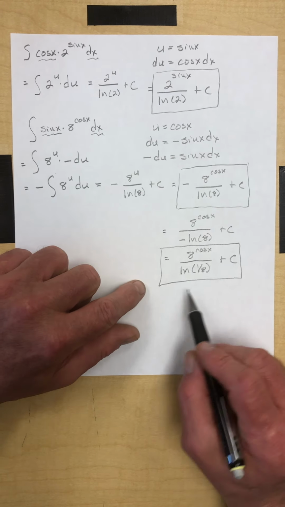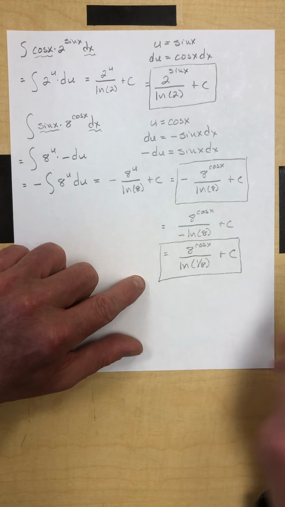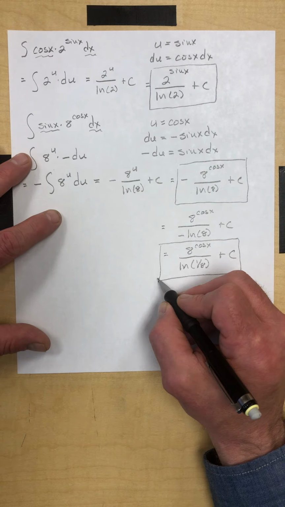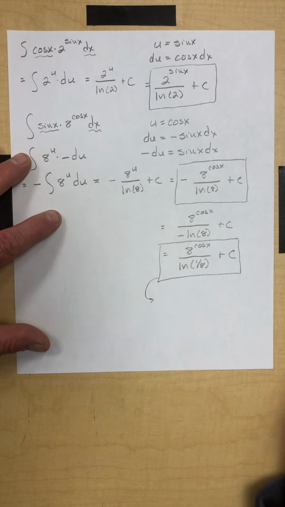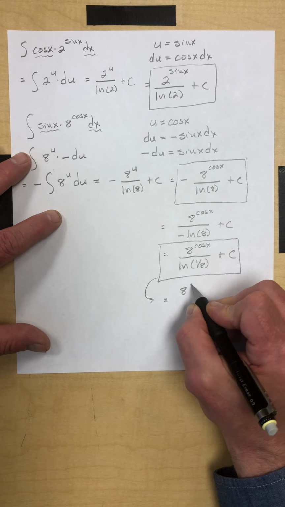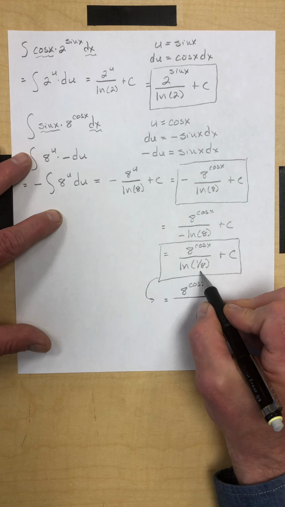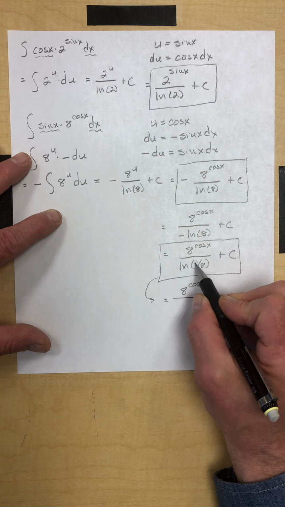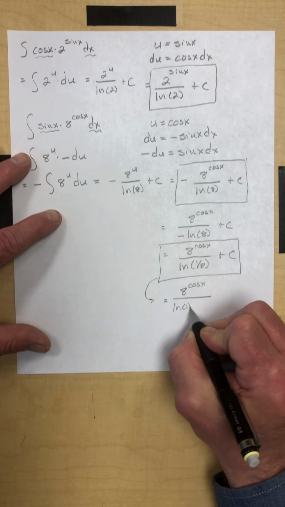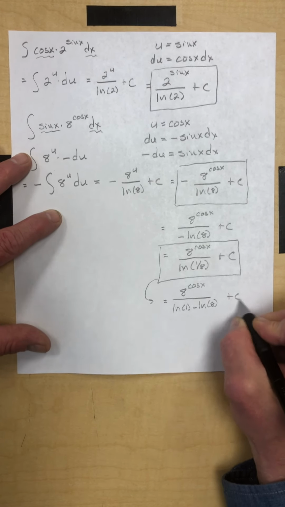Now, somebody might take a look at that denominator and say, okay, I got the natural log of a quotient. Could I apply the quotient rule? Well, of course you can. Will it make a difference? I don't know. Let's take a look at it. Okay, so we have 8 to the power of cosine of x all over, applying the quotient rule, that'd be the natural log of the numerator minus the natural log of the denominator. Natural log of 1 minus the natural log of 8 plus c.